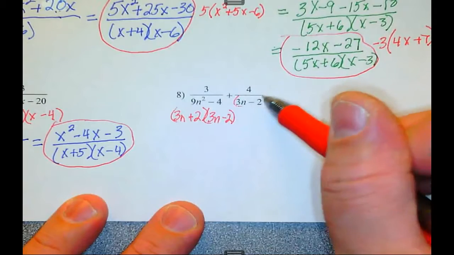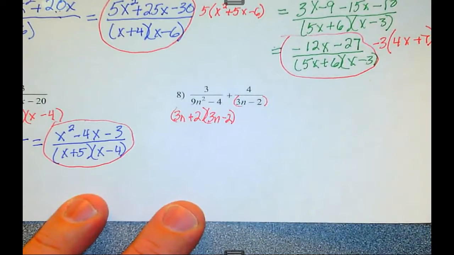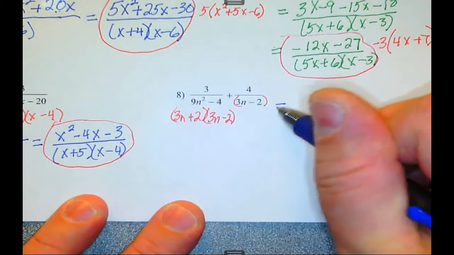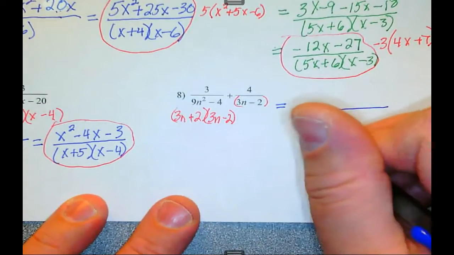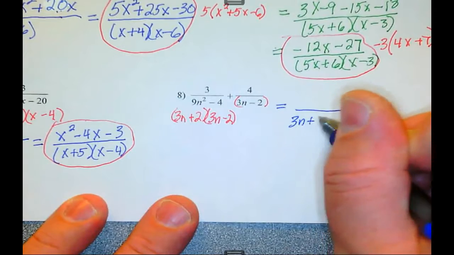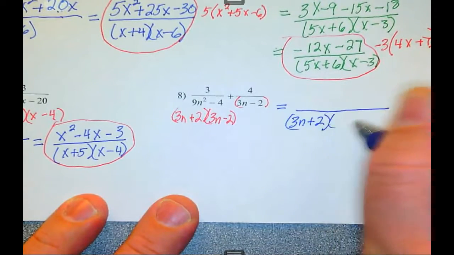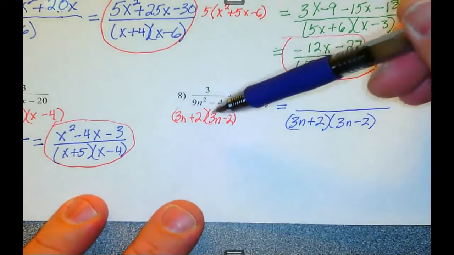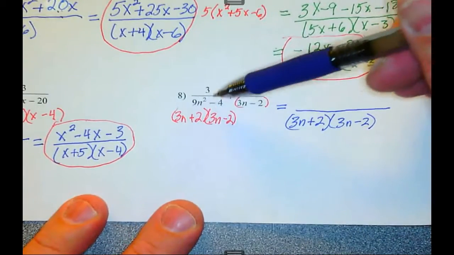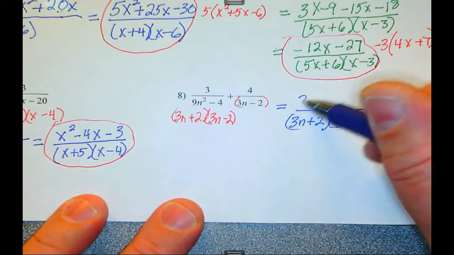Here I have 3n minus 2. So my LCD, 3n plus 2, 3n minus 2. This first fraction is missing a thing, so I'm going to leave the 3 there.